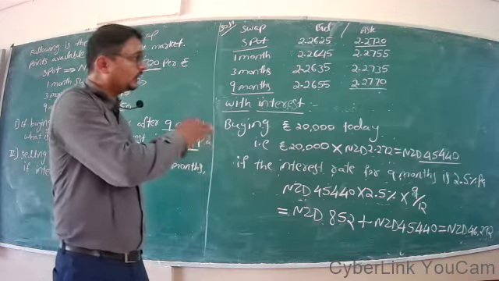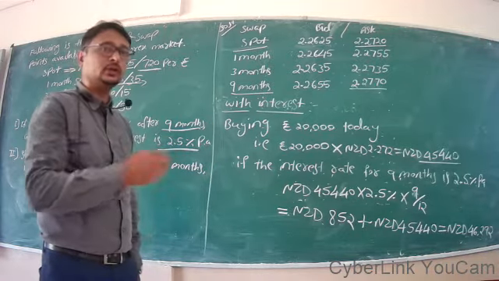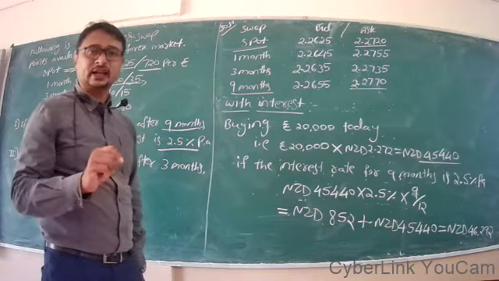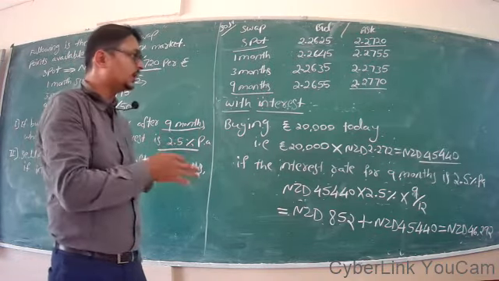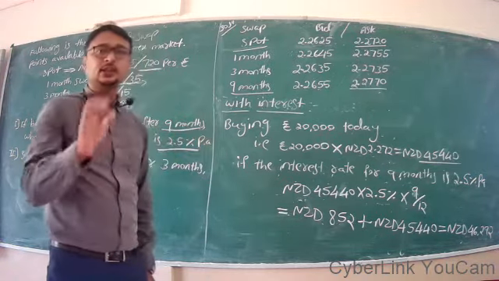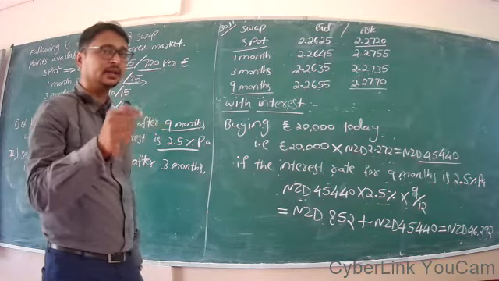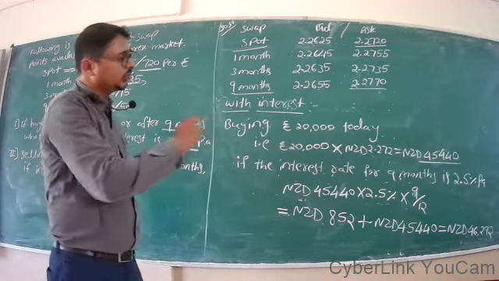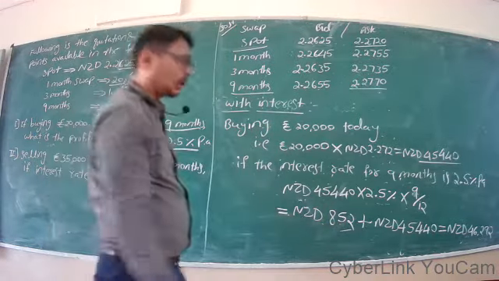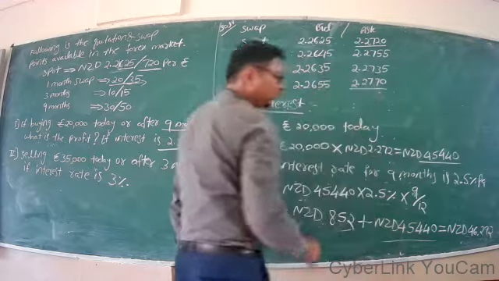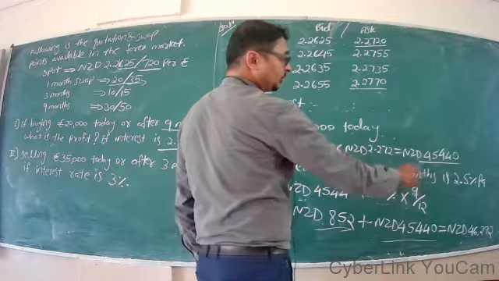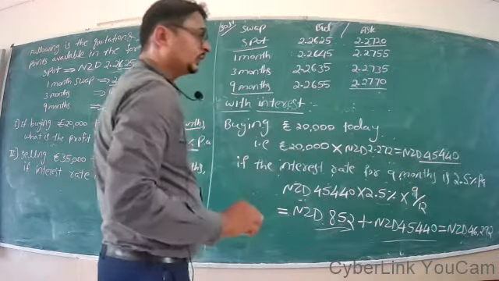In the earlier case without interest, you haven't borrowed anything and straight away dealt with the transaction. Now you are borrowing at the rate of 2.5% for 9 months. 9 months is the loan period, and you have to pay back after 9 months. So you are paying New Zealand dollar 852 as interest. Along with the principal amount you borrowed, New Zealand dollar 45,440, you have to pay back 46,292.